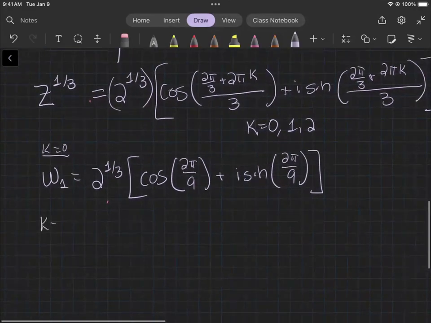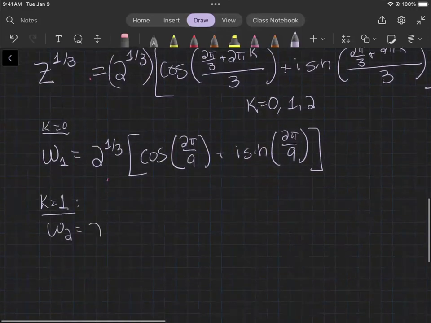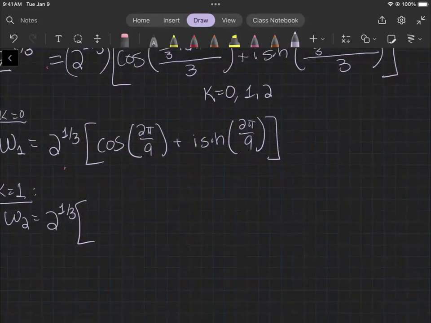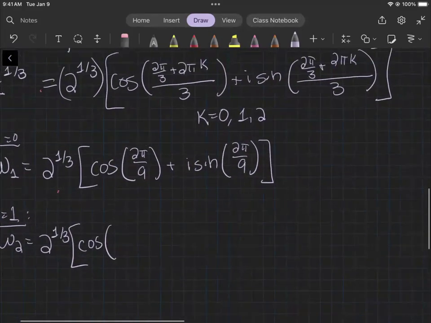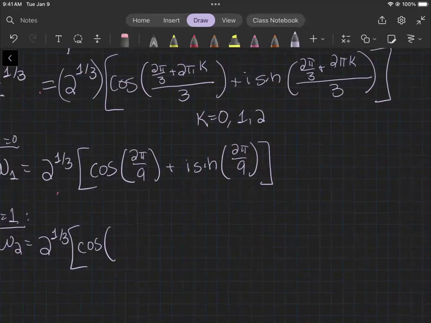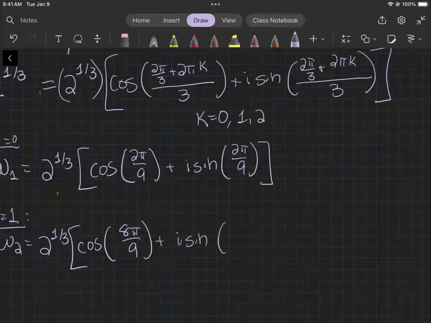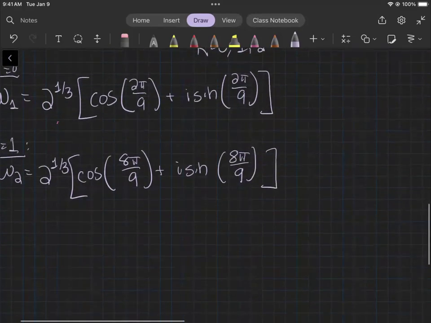When k equals 1, we have W2 equal to the radius to the 1/3 power times cosine of 2 pi over 3 plus 2 pi, which is 6 pi over 3, so 8 pi over 9. So it's cosine of 8 pi over 9 plus i times sine of 8 pi over 9.